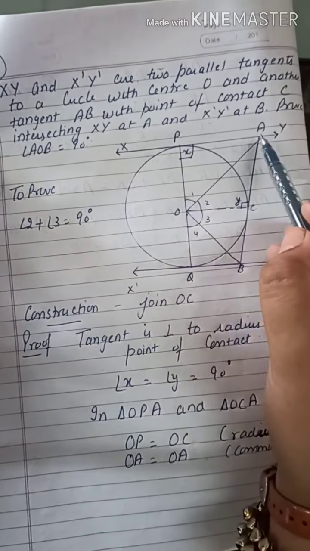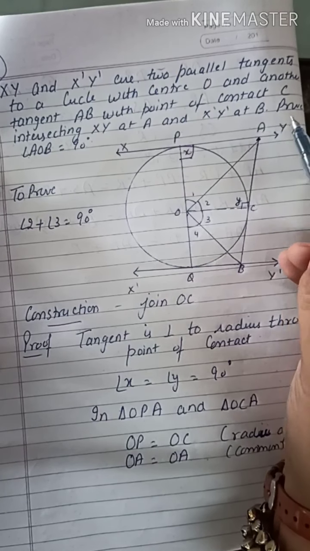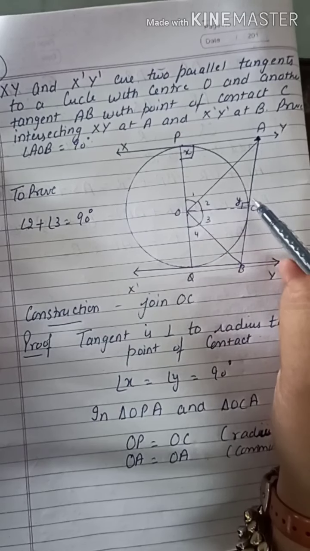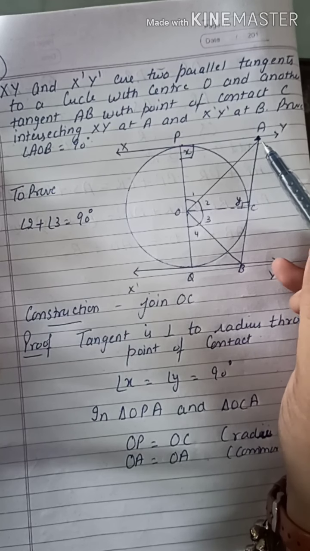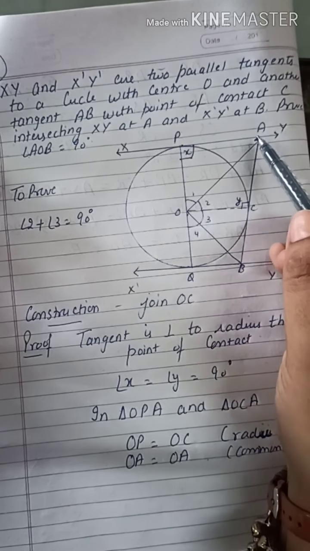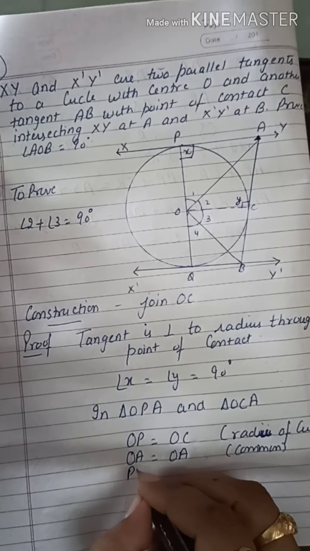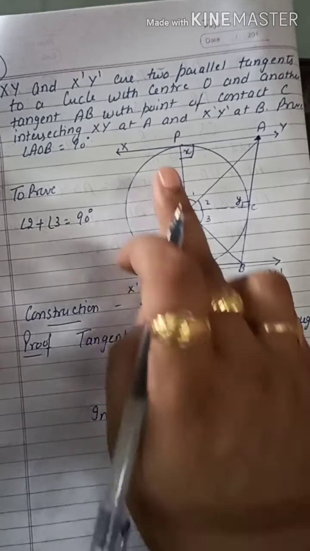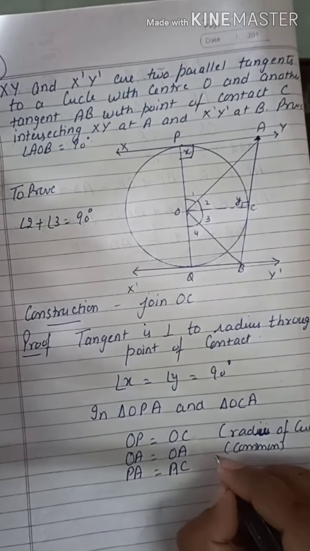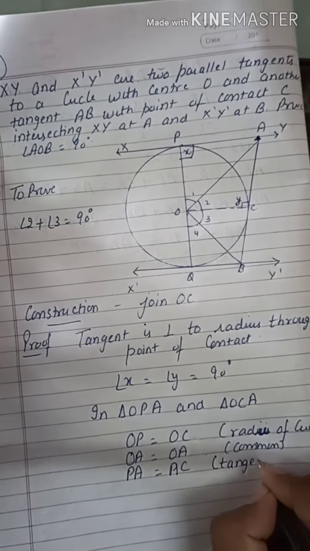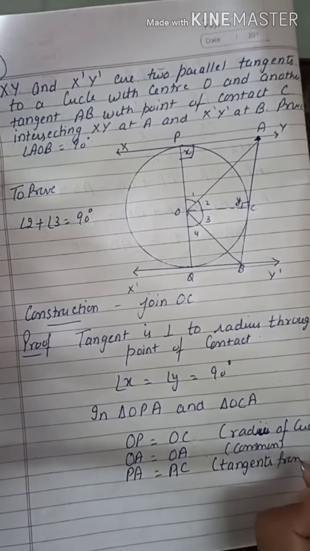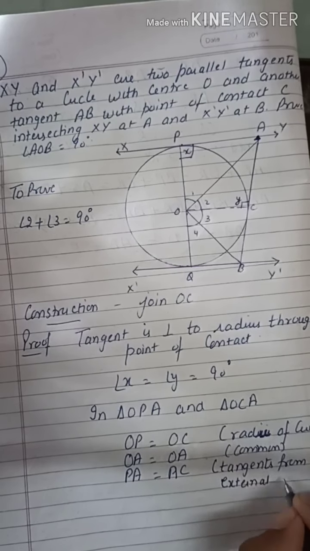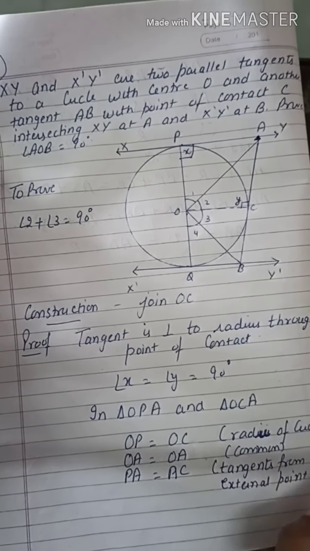After that, you can check that A is the external point. If A is the external point, AP is the tangent and AC is the tangent, then tangents from the external point are always equal in length, that is PA is equal to AC.